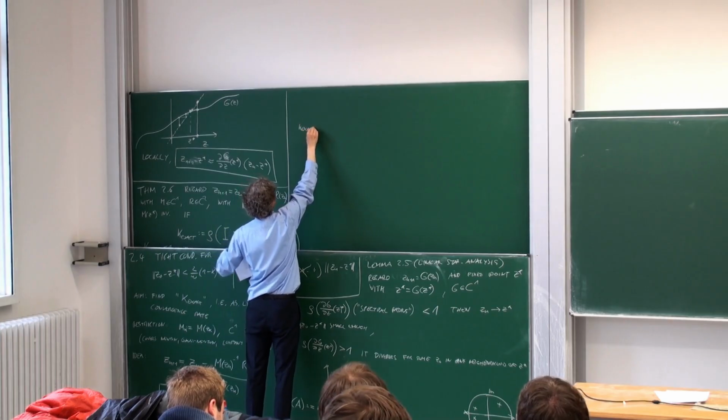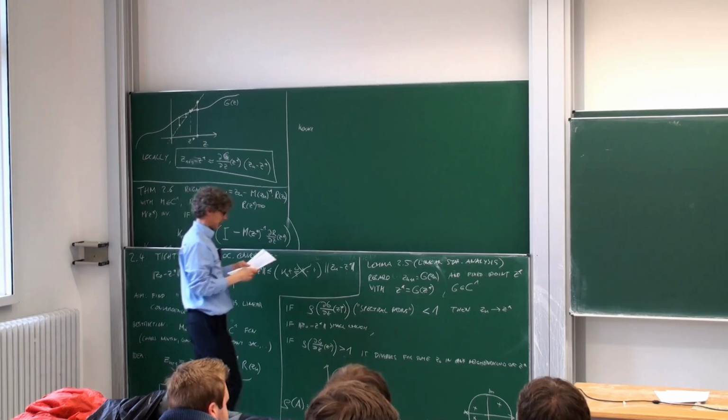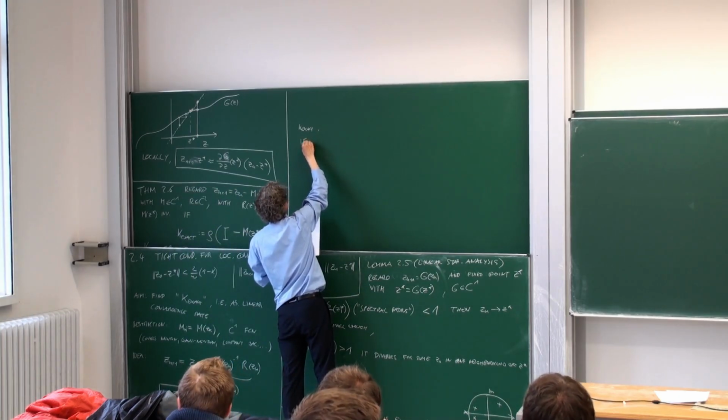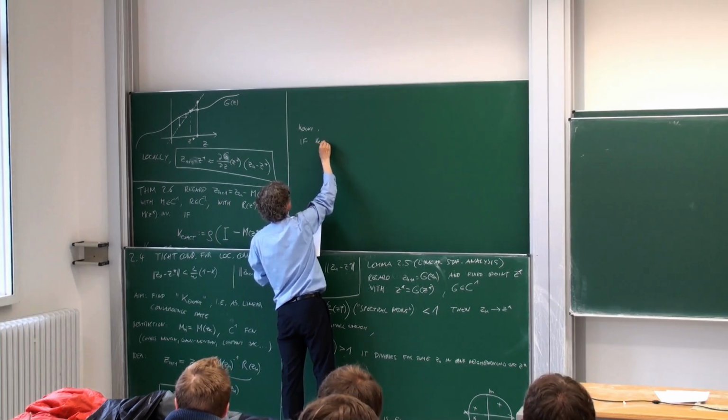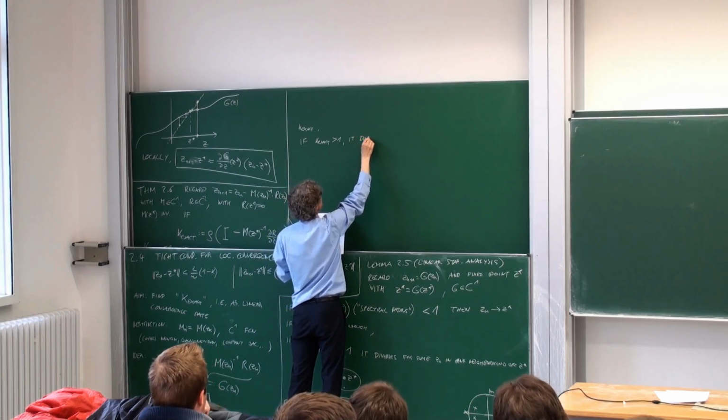So that's the linear contraction rate. You cannot converge faster then. And if kappa exact is bigger than 1, it diverges.